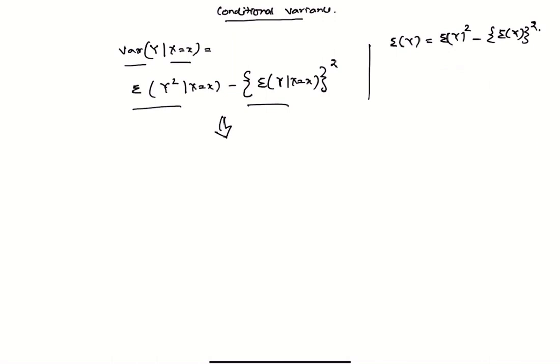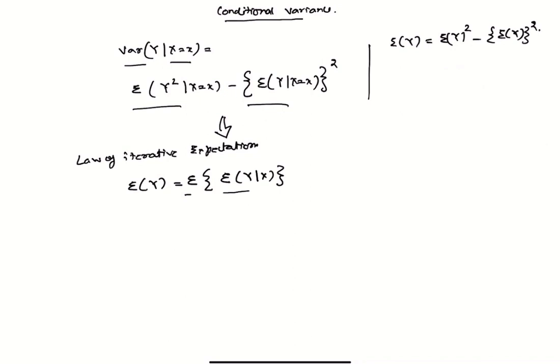We come to the law of iterative expectations, which means the expected value of y is going to be the expected value of the expected value of y given x.